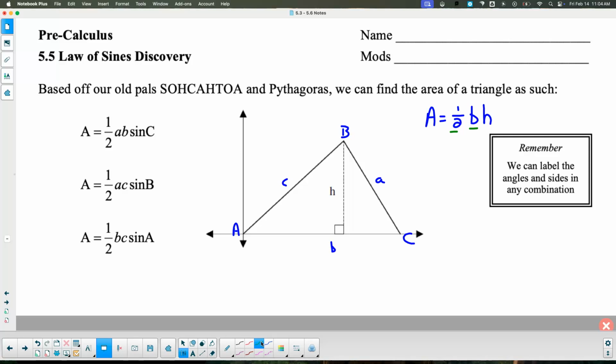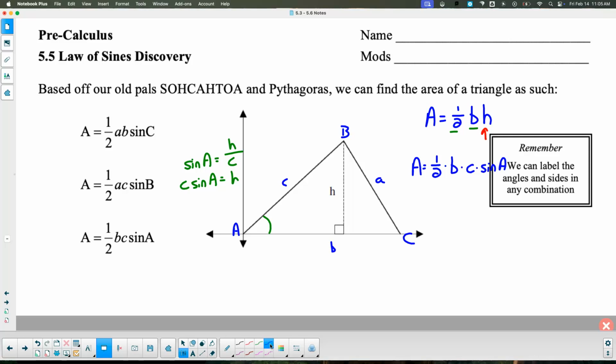In terms of the height, the sine of angle A would be the opposite side H over the hypotenuse C. So I can multiply both sides by C and get C sine A equals H. If I plug that back in, I get area equals 1/2 times B, because B was my base, times C times the sine of angle A.